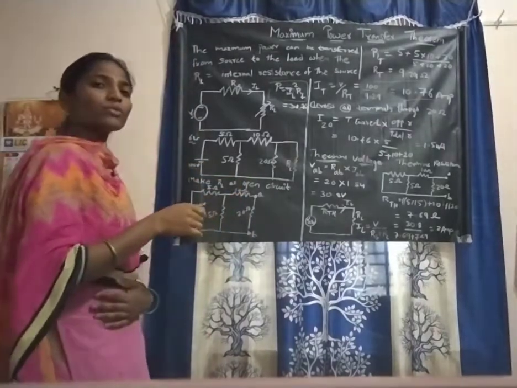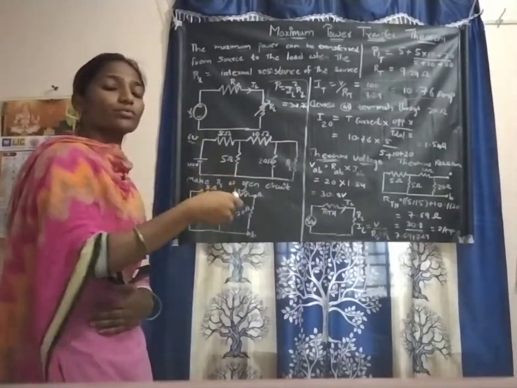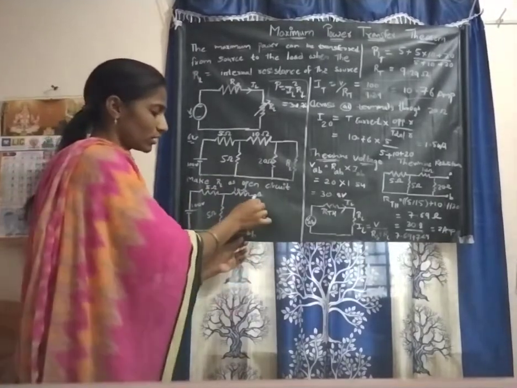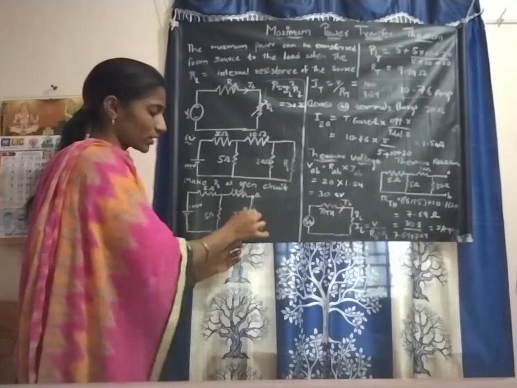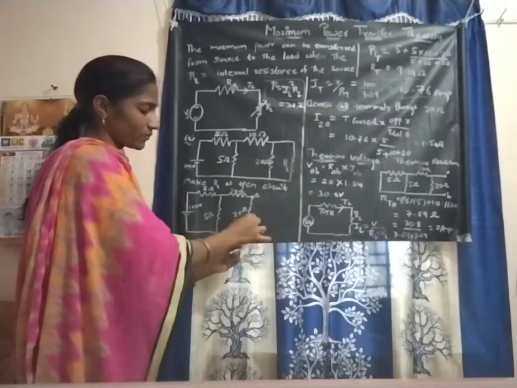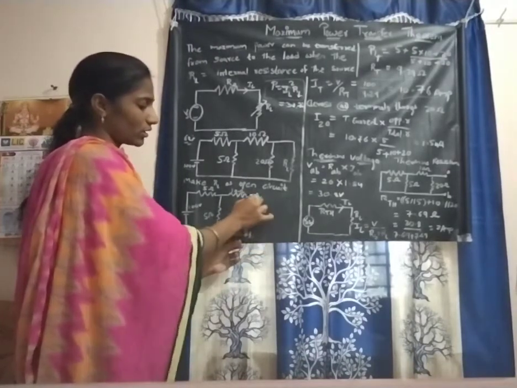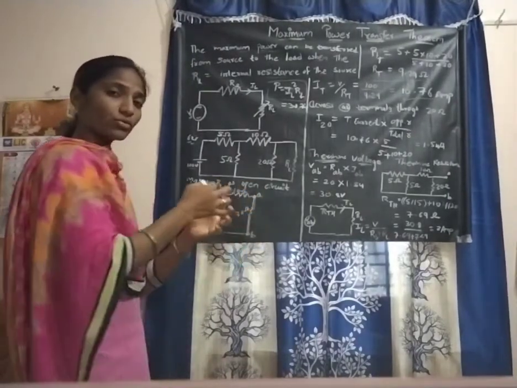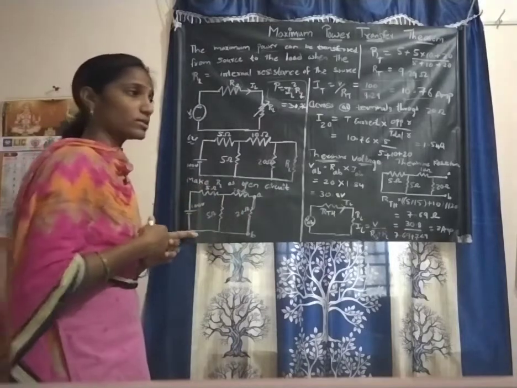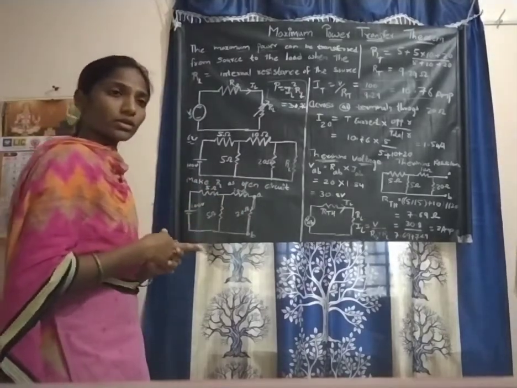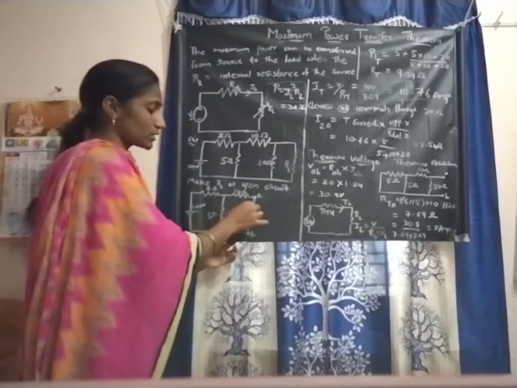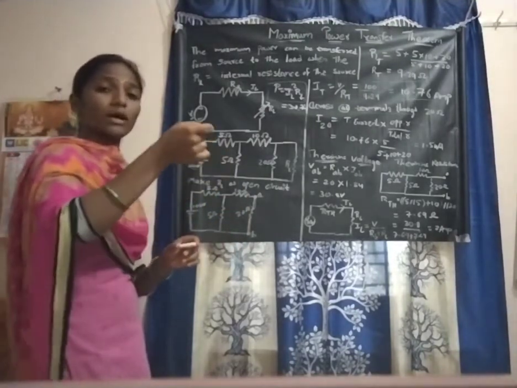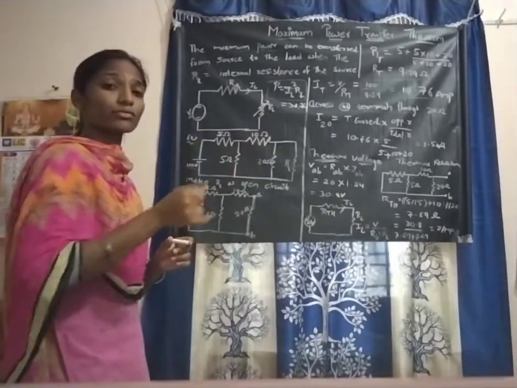Now our aim is to draw the Thevenin circuit for this complex circuit, so we have to find the current across the AB terminals. We focus on the given resistance, 20 ohms. How much current is passing through this 20 ohm resistor is our question.